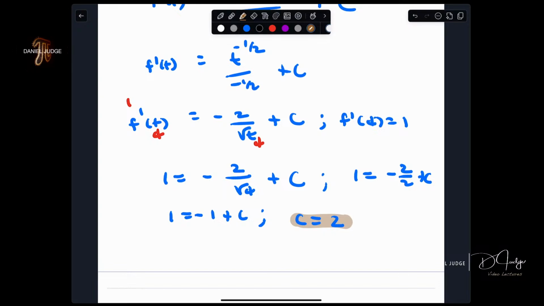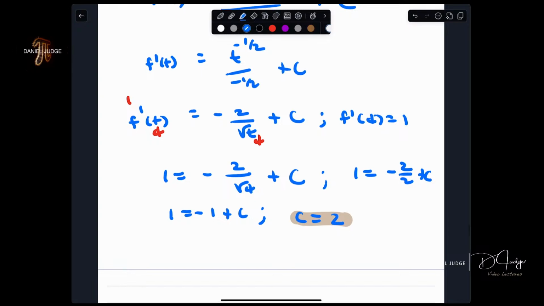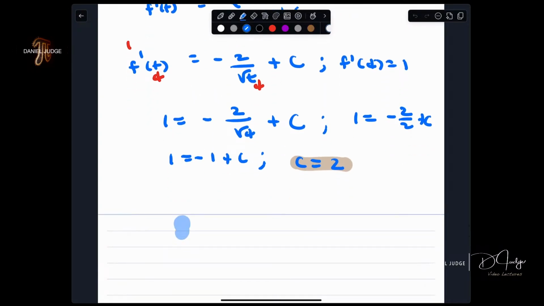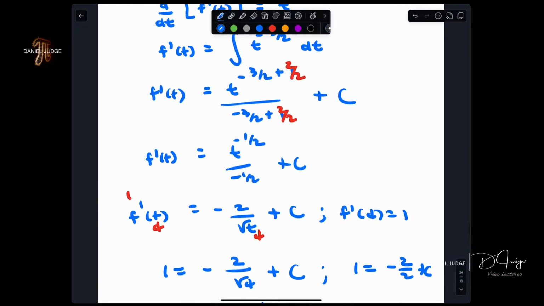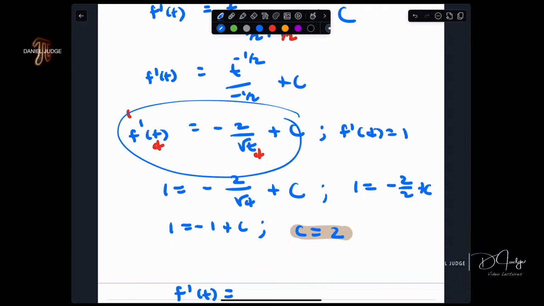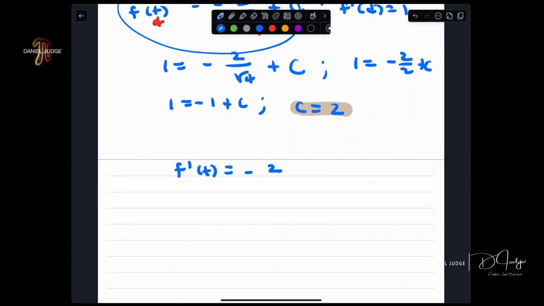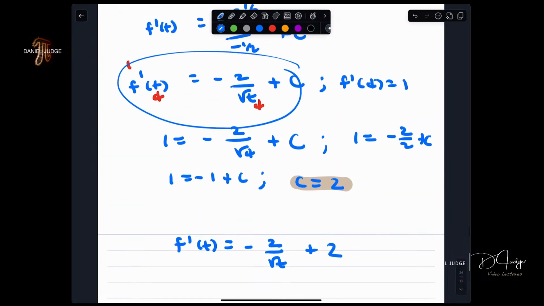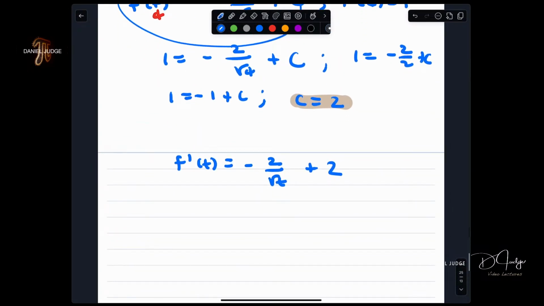So that derivative, f prime of t, becomes negative 2 over the square root of t plus 2. Yes. Okay, good now.